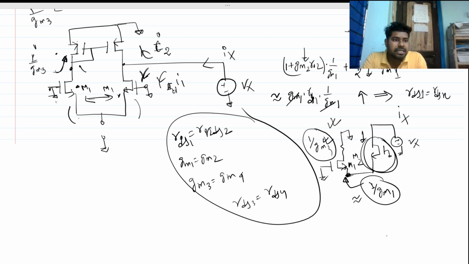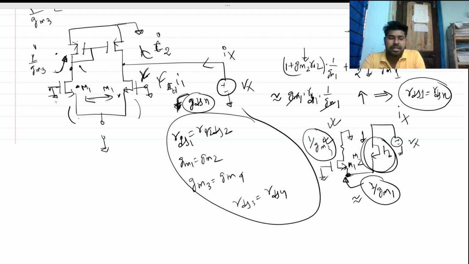Now I will write this in conductance format. The conductance looking here is 1 over RDSN, so the conductance looking downward will be GDSN, which is GDS1. We have found that.